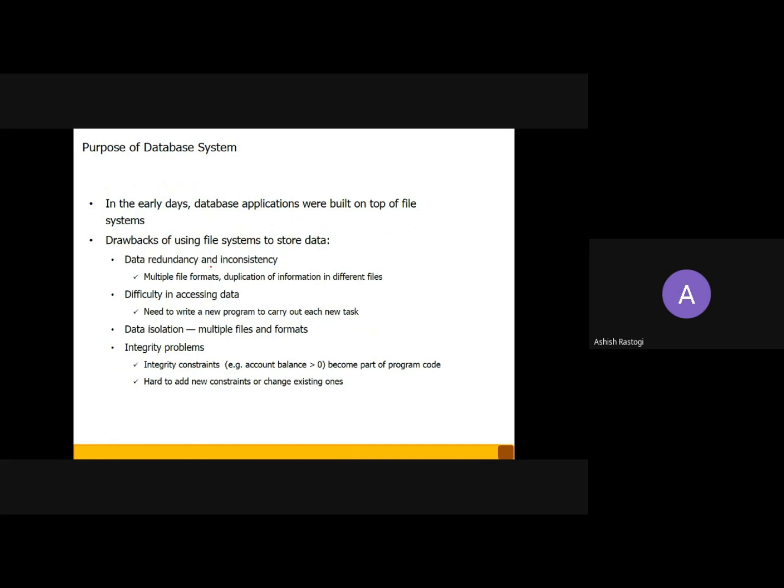Multiple users can insert data repeatedly, meaning the same data can be repeated many times. And with inconsistency, loss of data may occur in our file system. In the file system there is no option to remove the redundancy and inconsistency, but in the database management system, we can remove redundancy and inconsistency, right?